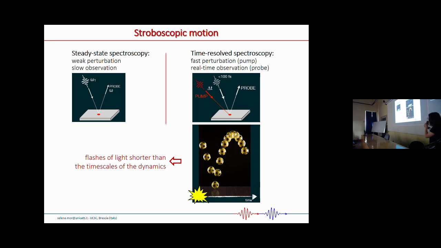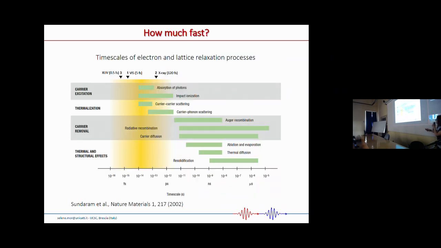You have to consider that this time delay between the two is on the time scale of your dynamics of interest. So the probe is in charge of monitoring in real time the motion of the system after the interaction with the first light flash.